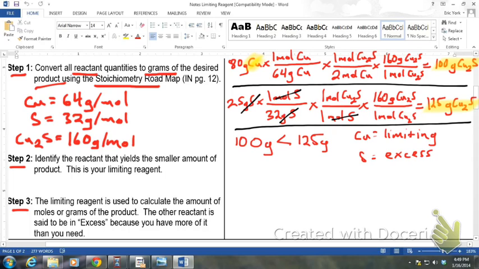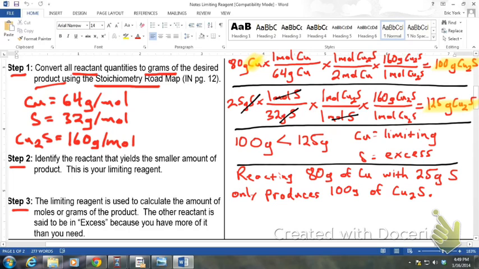So now for step 3, we're going to come up with a final statement that summarizes everything we've just established. Okay, so using this information, here's a statement I came up with. Reacting 80 grams of copper with 25 grams of sulfur only produces 100 grams of copper 2 sulfide. So go ahead and write that down.